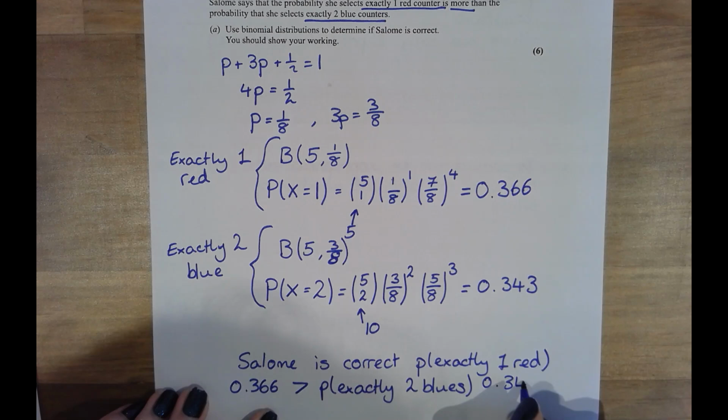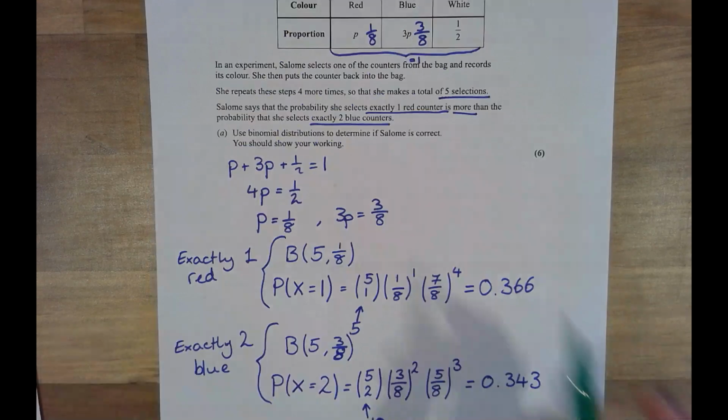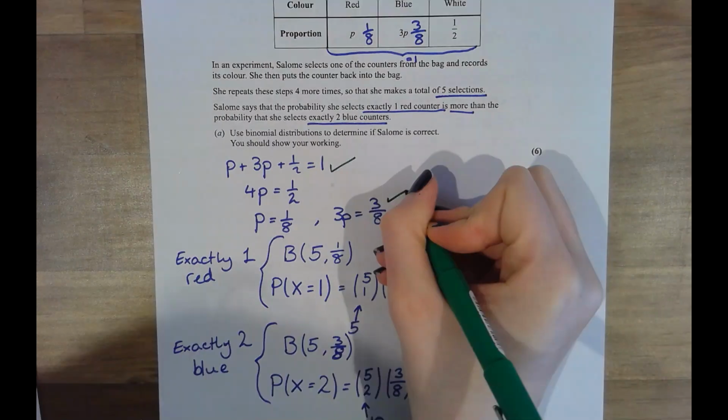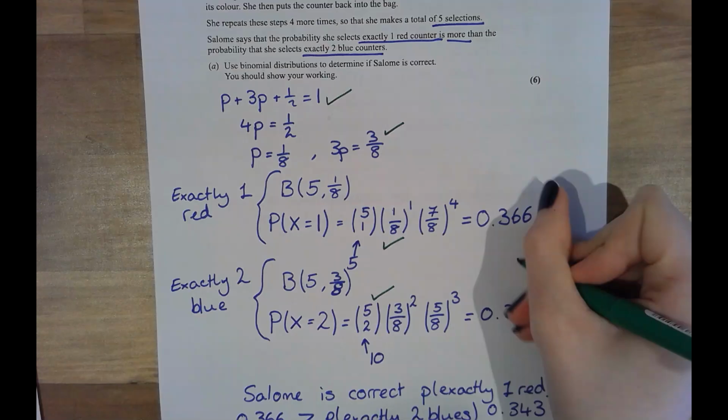Our marks then, we have got 1 mark all the way back at the beginning just for identifying that those 3 must all sum to 1. We then have a second mark for identifying P as an eighth, and 2 marks for using our binomial distribution for getting those 2 values.